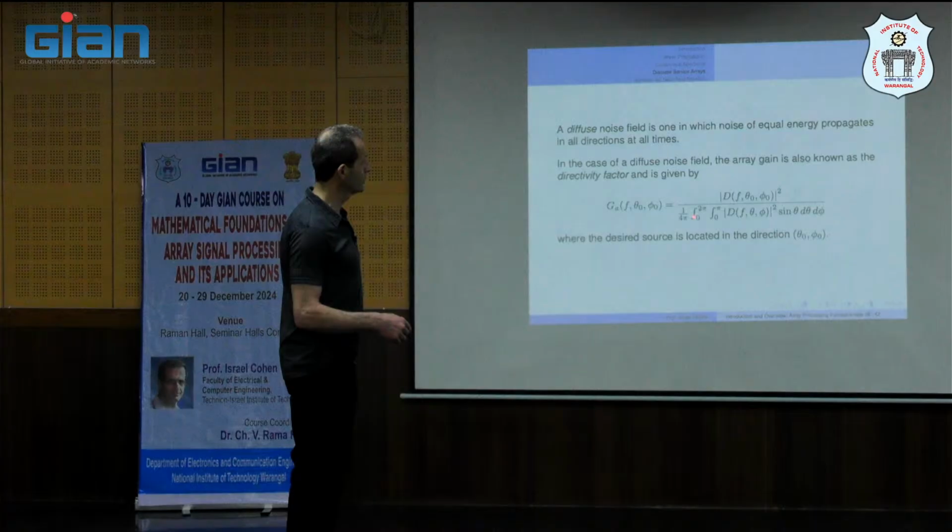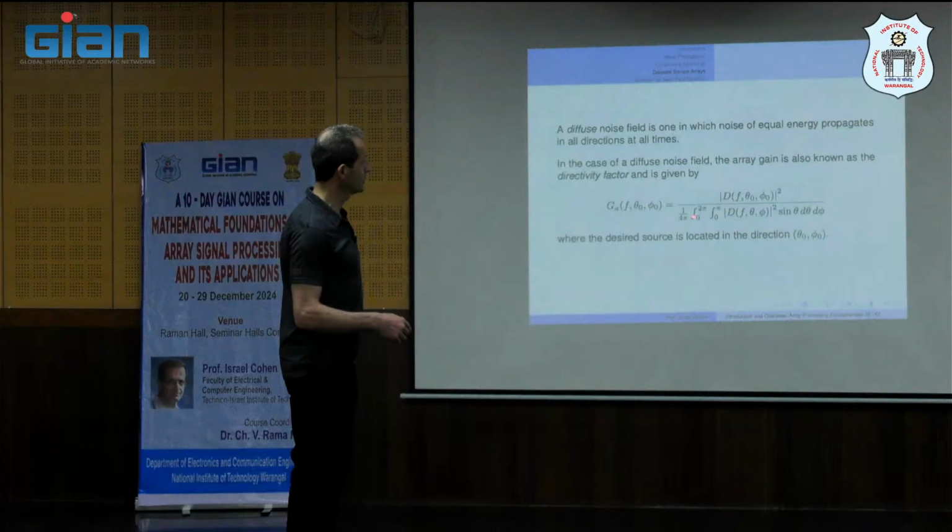And this part I will skip. The generalized sidelobe canceller is an adaptive beamformer. We will talk about it when we reach adaptive beamforming. So I will skip that for this overview. Okay?